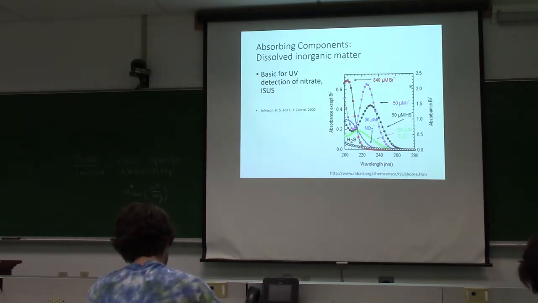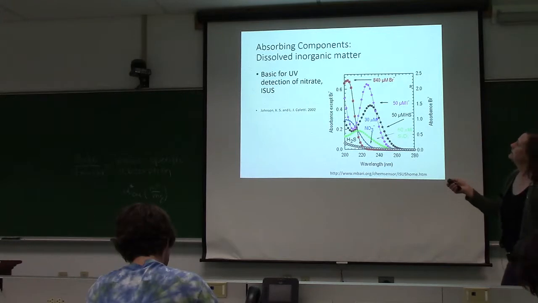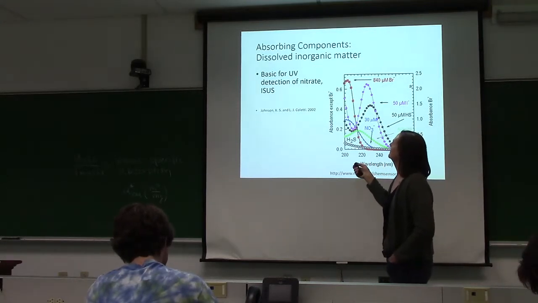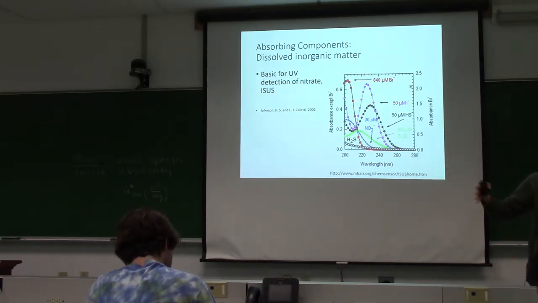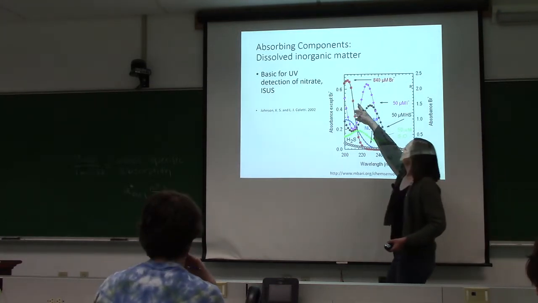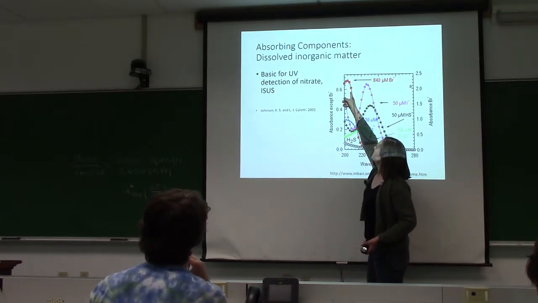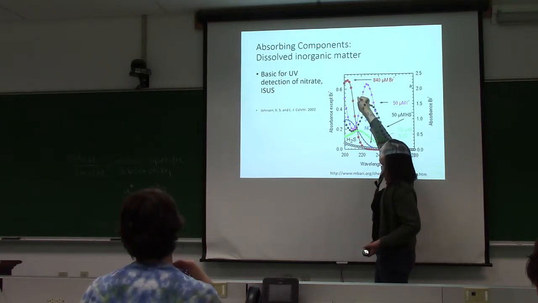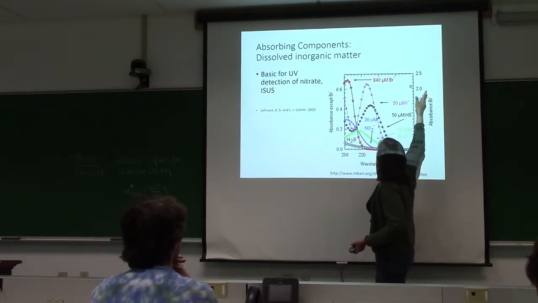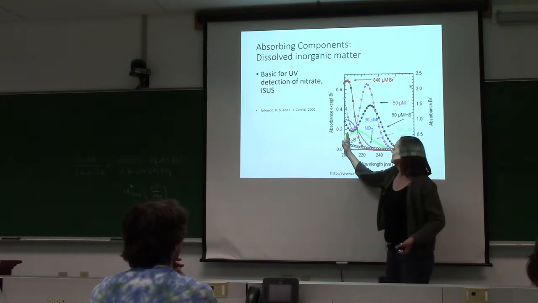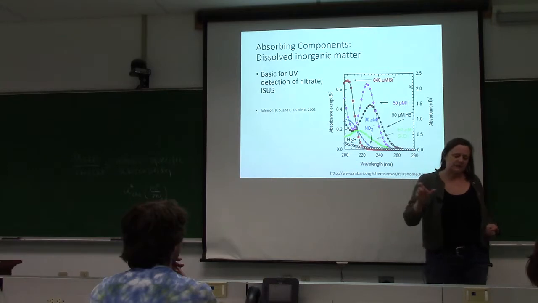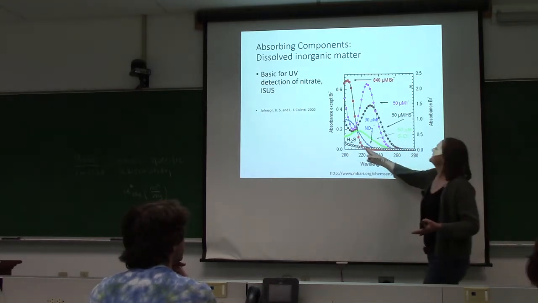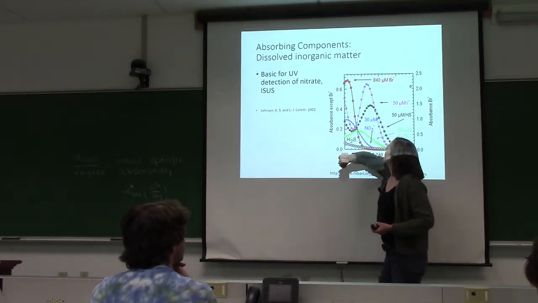Okay. If we look at dissolved inorganic matter, like the salts, you tend to see the effect of them absorbing mostly in the UV. And so, for example, here's bromide. It's a very strong absorption, right around 200 nanometers. And if you're measuring absorption of samples in a spectrophotometer that goes to the UV, you'll see this really strong increase in bromide.